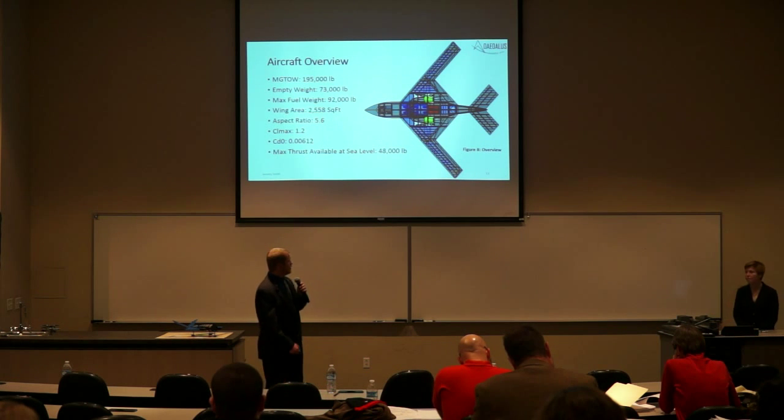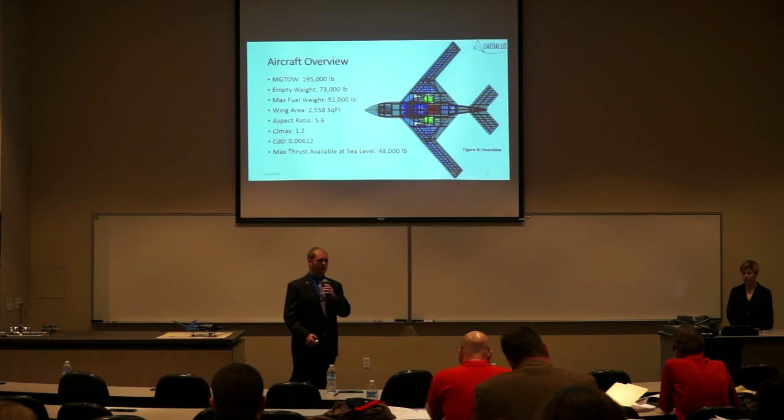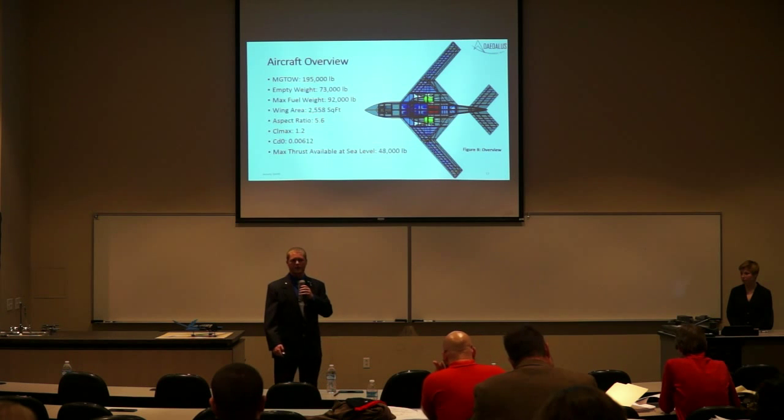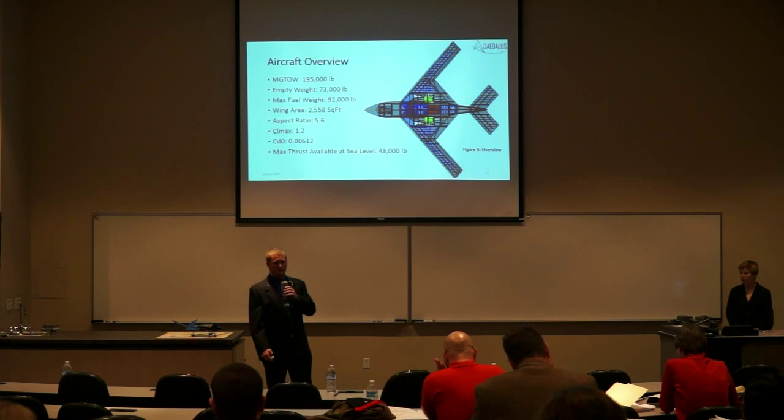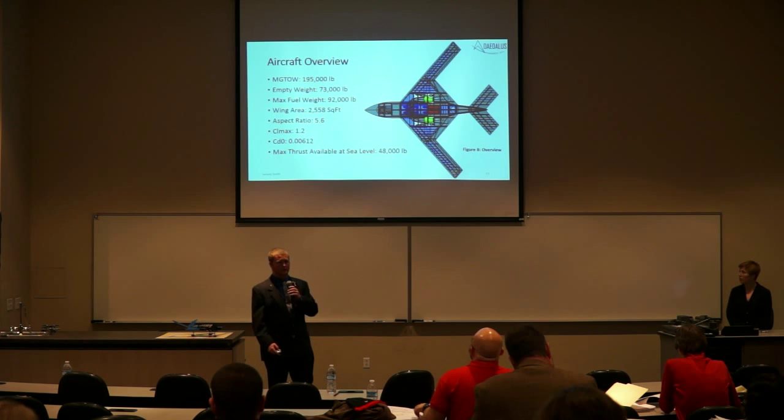The fuel volume was found using the CATIA model, and then we subtracted 10% of that volume to allow for self-sealing, which got us our 92,000 pounds of fuel, assuming 6.5 pounds per gallon.